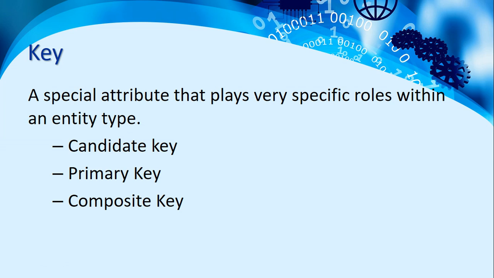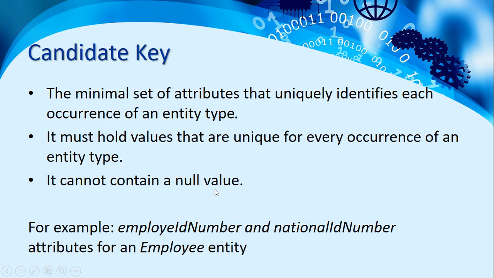So in the key, there are different types of key. So first we have candidate key, primary key, and then we have composite key. So itong candidate key, these are the minimal set of attributes.